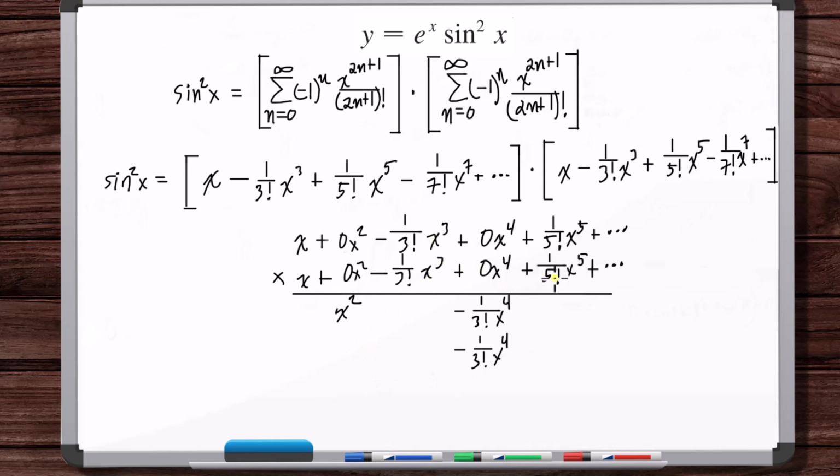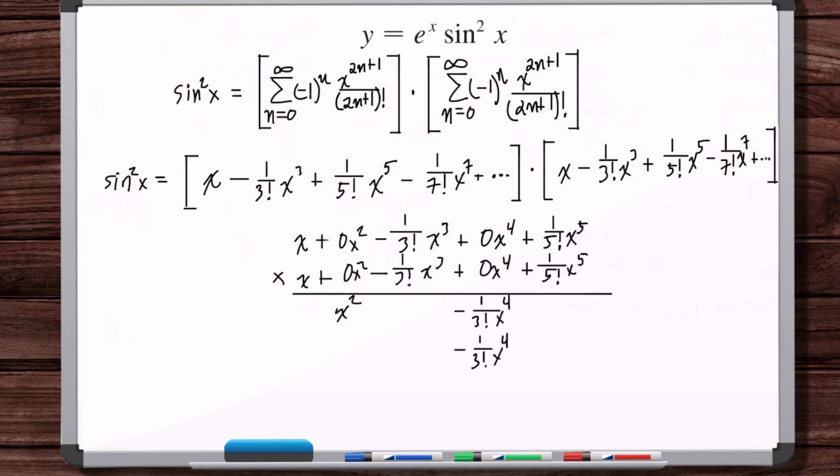Now 1 over 5 factorial x to the fifth times x, we get an x to the sixth, but we're not going that far. But the problem is, if we stop, we're only going to have two terms. So let's continue on, actually, and do this.